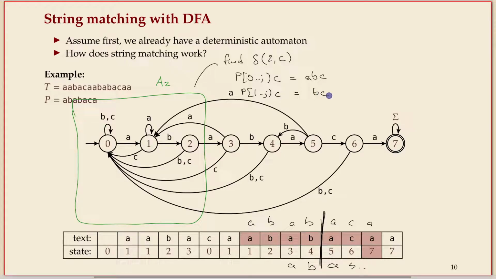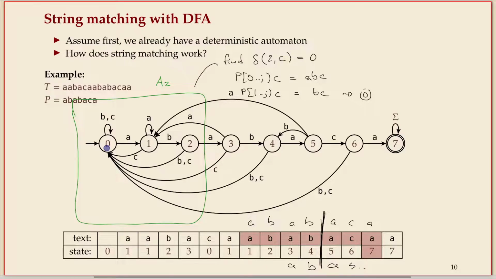That's just BC. And now we simulate our green part of the automaton on just this part. There's not too much interesting happening, but it goes 0, B, C. So it reaches state 0. And that's why the edge from 2 with the C should go back to 0.